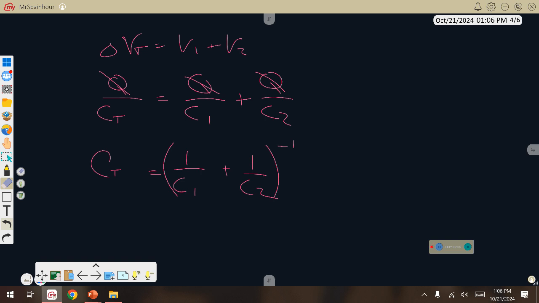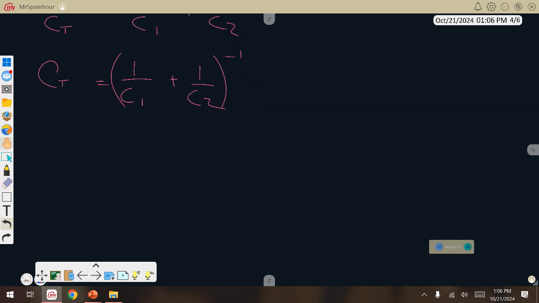I'll show you a very simple example to prove that they are not the same. Let's say I have a capacitance of 3 and a capacitance of 4. This would be 1 over 3, and 1 over 4. If I take the inverse, somebody not paying very close attention would go, isn't that just 7?